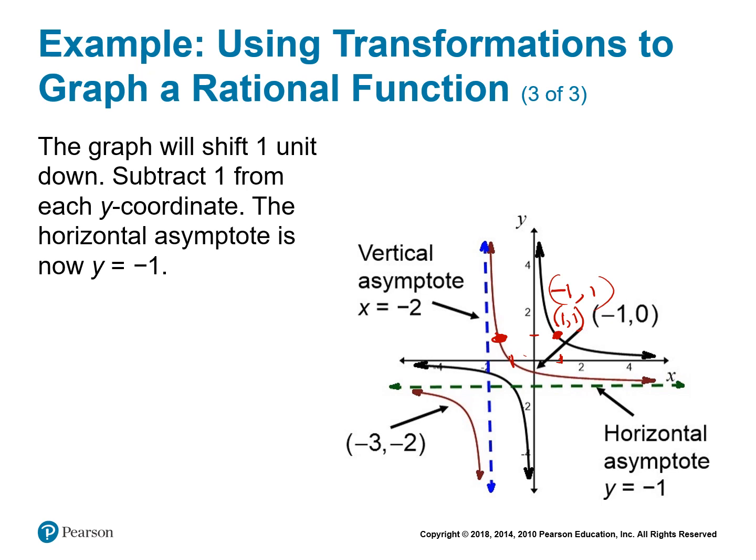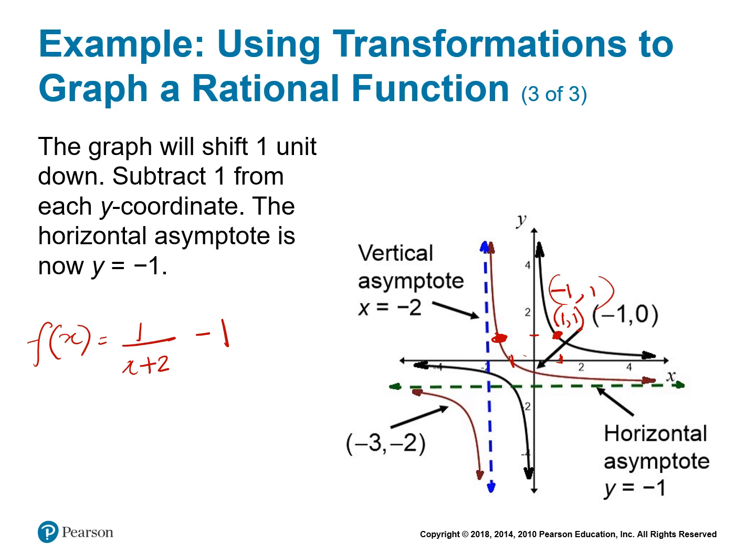Now, there was also vertical shifting involved. That means the graph was sliding down 1 unit. Remember, the function was y equals 1 divided by x plus 2, minus 1, right?